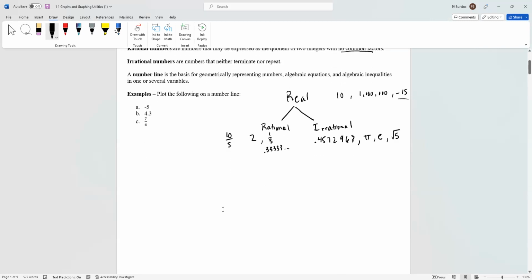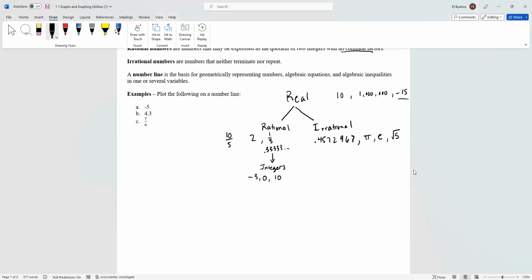Then under rational, we have a couple more groups. The next is integers. And these include basically whole numbers and what we would call negative whole numbers. So it could be like -3, 0, 10, right?